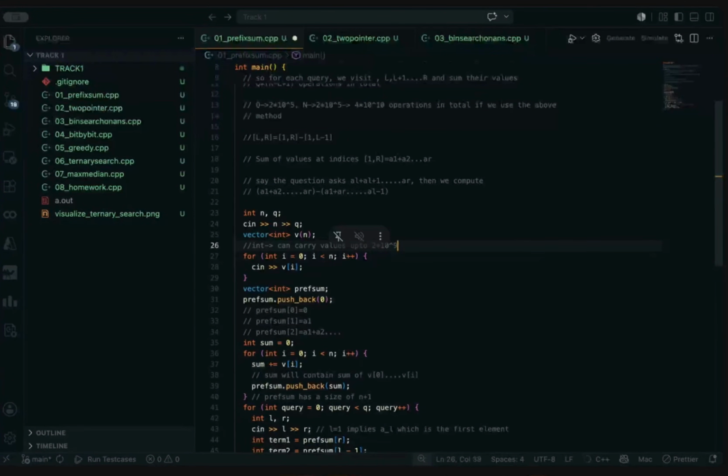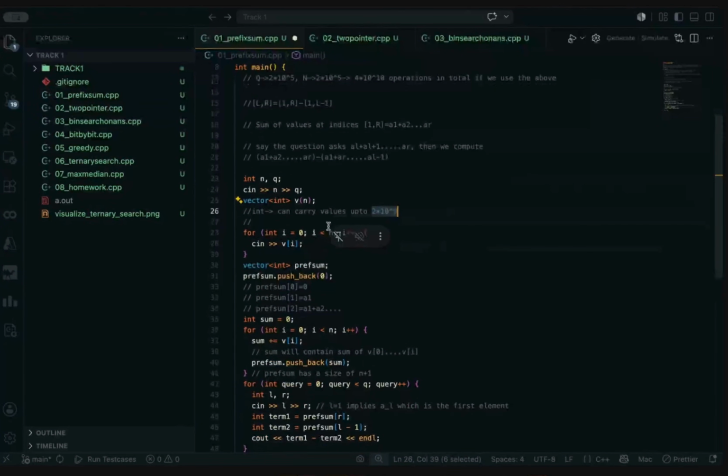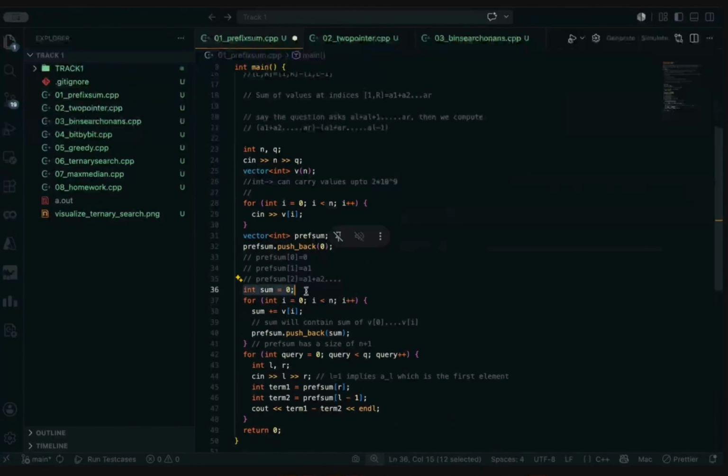But say you have 10 to the power 5 elements, each with a value of 2 times 10 to the power 9. By repeatedly adding 2 times 10 to the power 9, the int sum would overshoot our upper bound. So int cannot actually carry the sum of loads of ints.